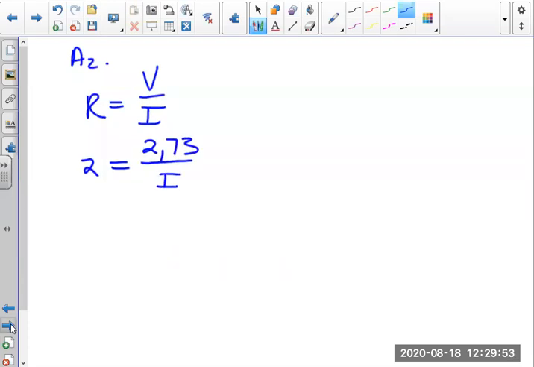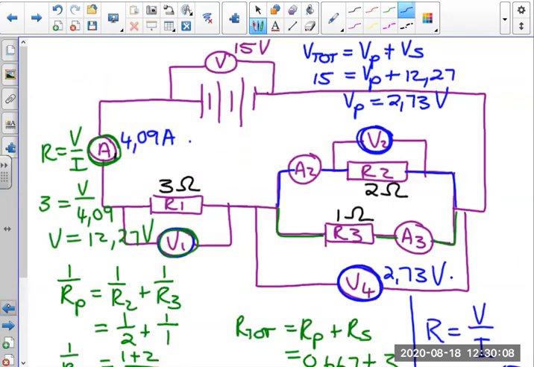Then I want the current. So the current is going to be 2.73 divided by 2. The answer is 1.36 amps.